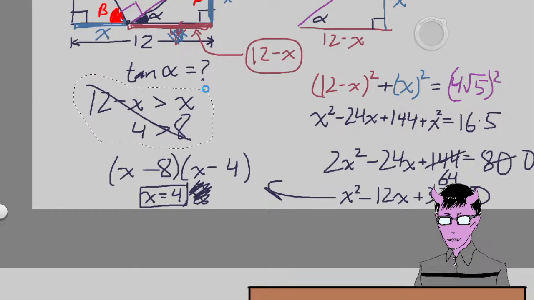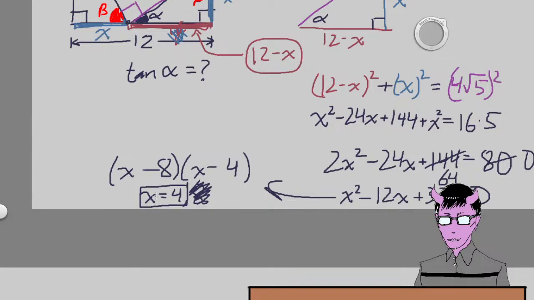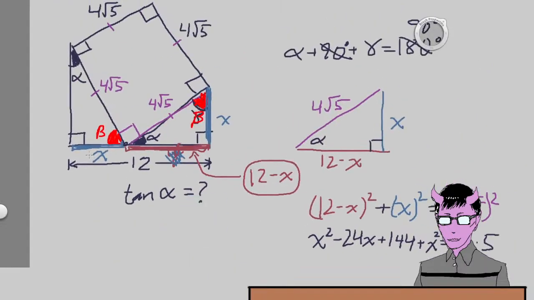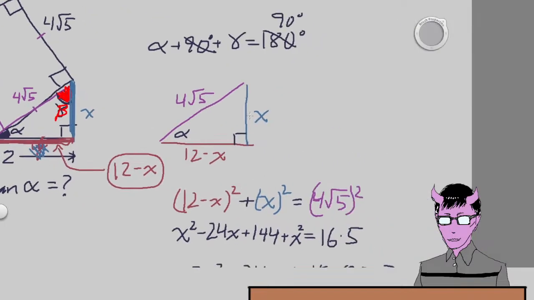Alright. So what do we have at this point? We know that x is equal to 4. What does x mean? X means this particular length right there. So now we know that length is 4. And since we know that, we can solve for this. We can figure out what the length of that side is.